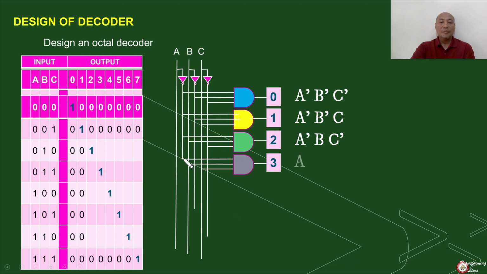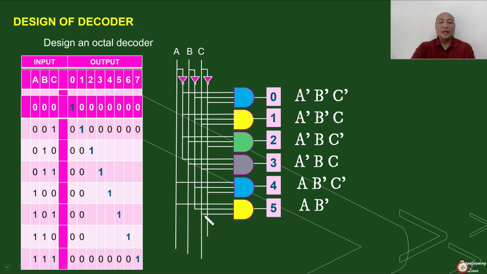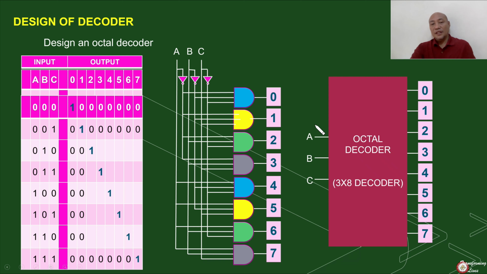Then A prime, B, C. Then A, B prime, C prime. Then A, B prime, C. Then A, B, C prime. Then A, B, C. This octal decoder can be represented as a single block diagram having 3 inputs and 8 outputs. That's why an octal decoder is often called a 3 by 8 decoder.